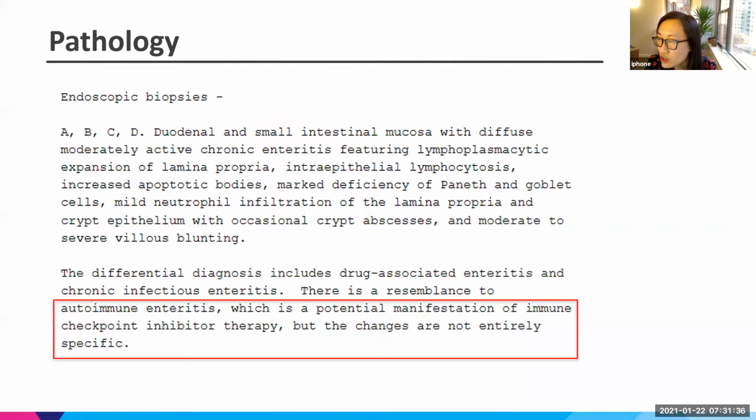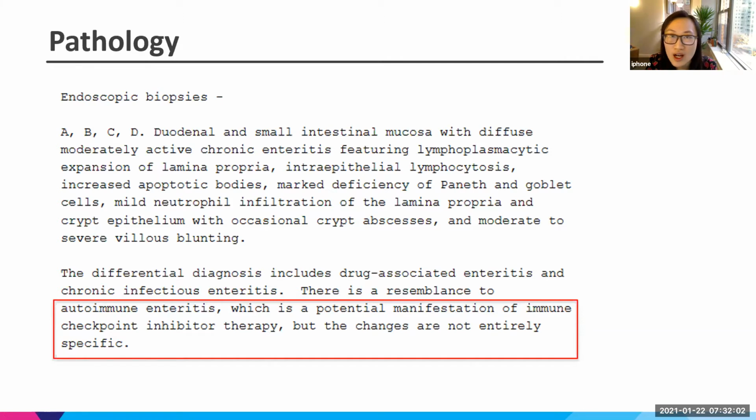And the pathology came back with diffuse, moderately active chronic enteritis featuring lymphoplasmacytic expansion of the lamina propria, intraepithelial lymphocytosis, increased apoptotic bodies. The differential diagnosis for these findings includes both drug-associated enteritis and chronic infectious enteritis.